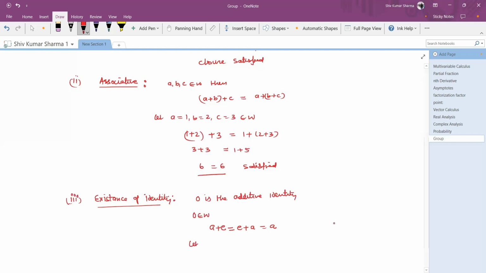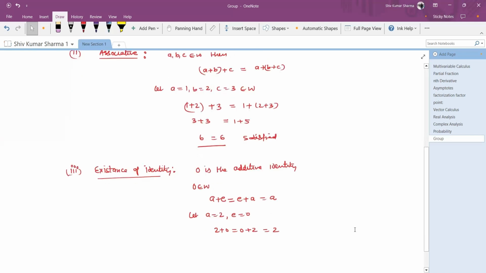Let a equal to 2 and identity e is 0. That means 2 plus 0 is equal to 0 plus 2 is equal to 2, and 2 belongs to the set of whole numbers W. So the identity is satisfied, and this property is also satisfied.